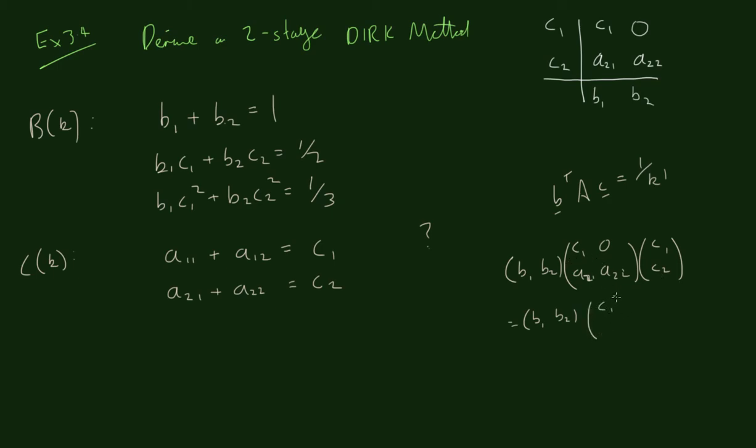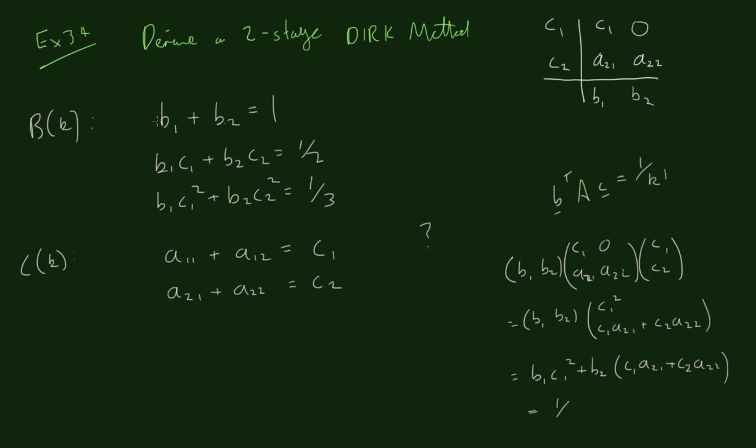That'll be C1 squared, and that'll be C1 A21 plus C2 A22. So that would be B1 C1 squared plus B2 times all of that bottom one, and that'll be equal to 1 over K factorial.